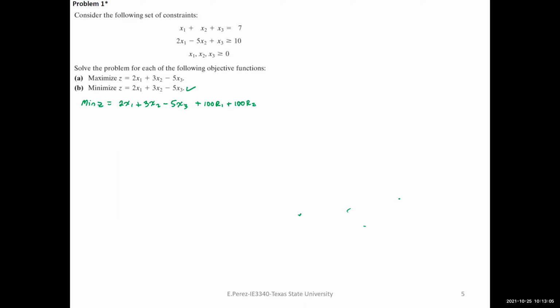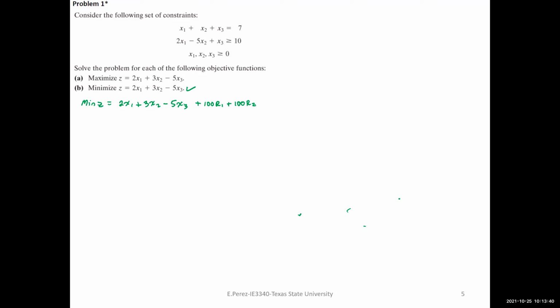If they are 0, they're basically not deciding anything in our problem. So it's a modeling technique that we use just to find an initial solution in terms of x1, x2, and x3, or the slacks or the x's variables in this case.